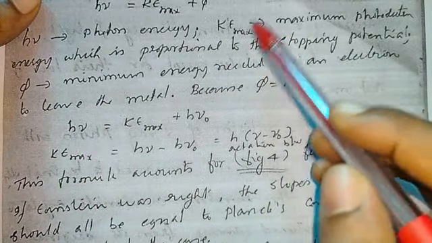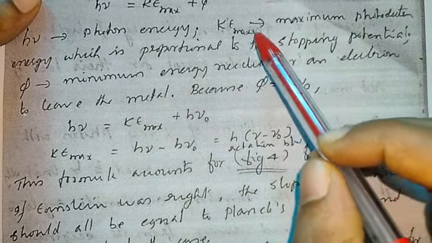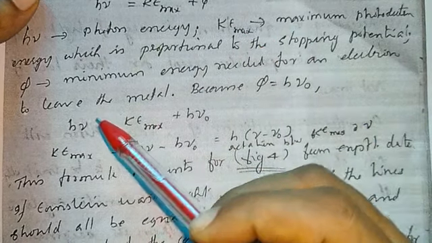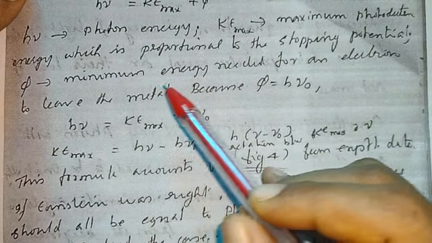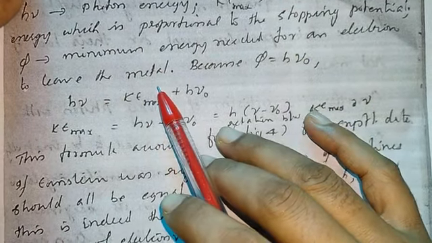Above this value the electrons will not be emitted, or will not have energy above it. That's why it's known as stopping potential. And phi is the minimum energy needed for an electron to leave the metal.